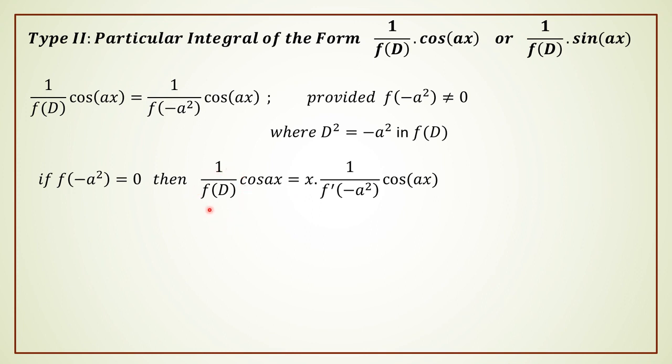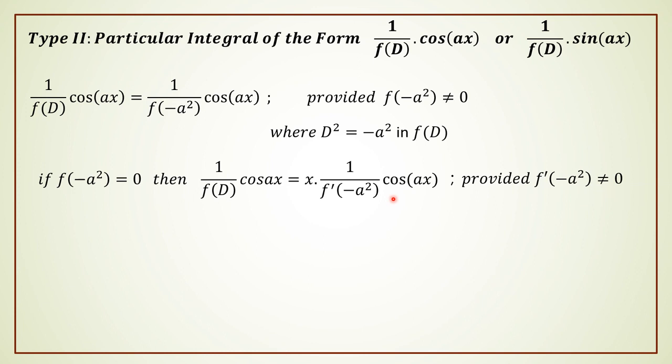What is the derivative of f of D? F of D's derivative is f dash of D, and in f dash of D you are replacing your D square by minus a square, so that you are going to get it as f dash of minus a square into cos ax, provided your f dash of minus a square is non-zero.